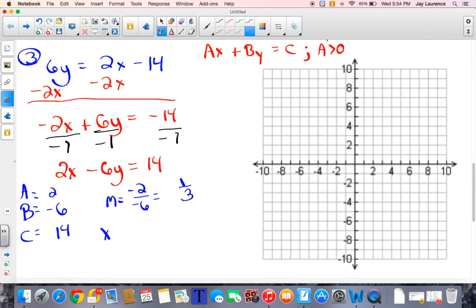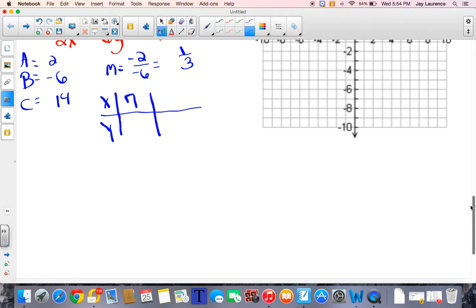Now I'll go looking for intercepts. I only need to find one of the intercepts because I know my slope. So let's check it out. Does negative 6 go into 14 evenly? No, it doesn't. So I won't worry about the y-intercept. Does 2 go into 14 evenly? It does. So that gets me 7. Well, maybe I better actually do that, not do so much in my head. I'm sorry. Some of you can do it in your head.